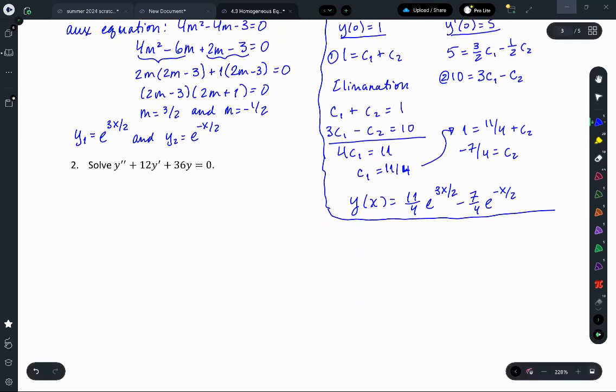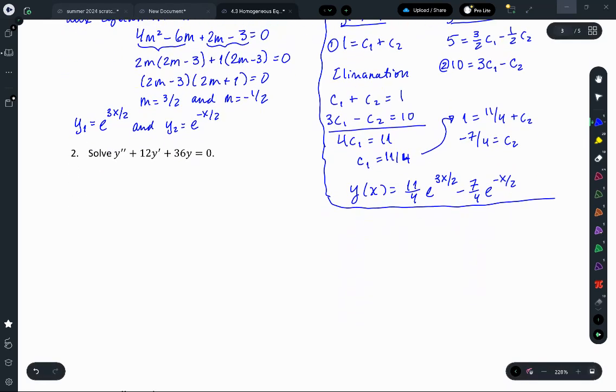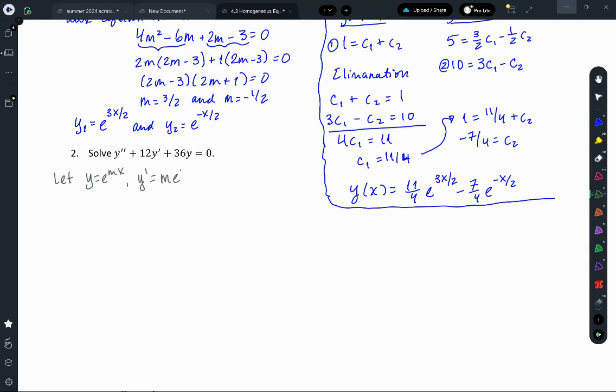Okay, next one. In this next one, we're told to solve y double prime plus 12y prime plus 36y equals 0. Okay, so we're going to let y equal e to the mx, y prime equal m e to the mx, and y double prime equal m squared e to the mx.